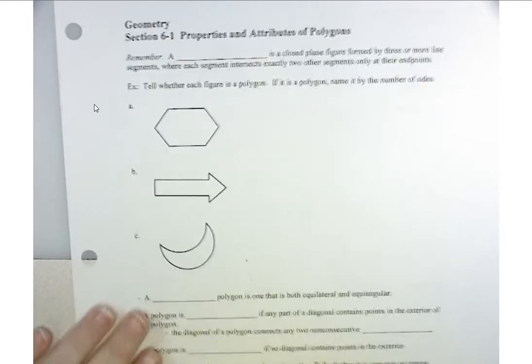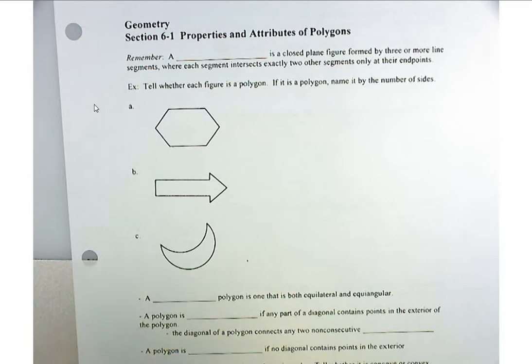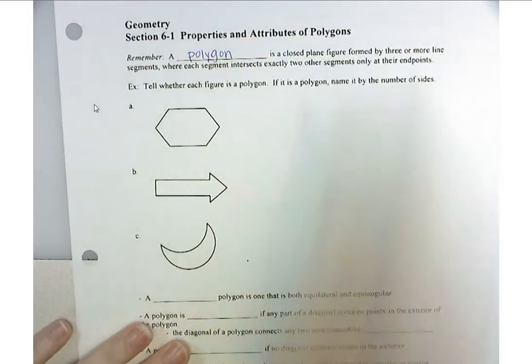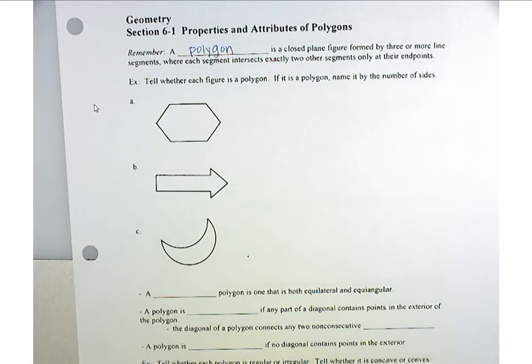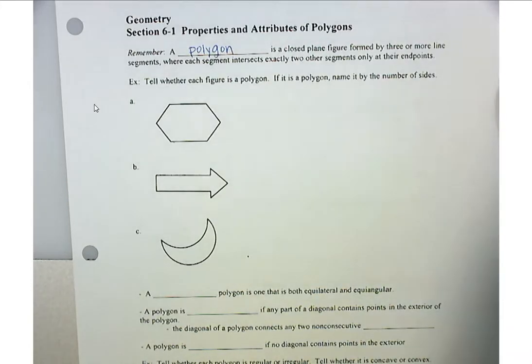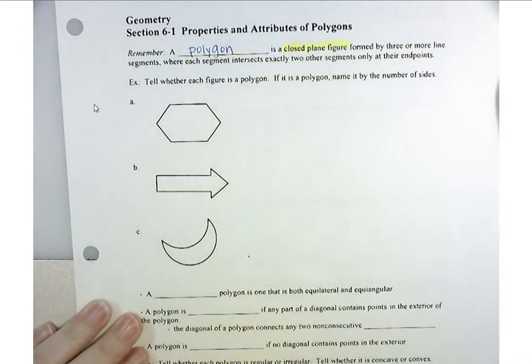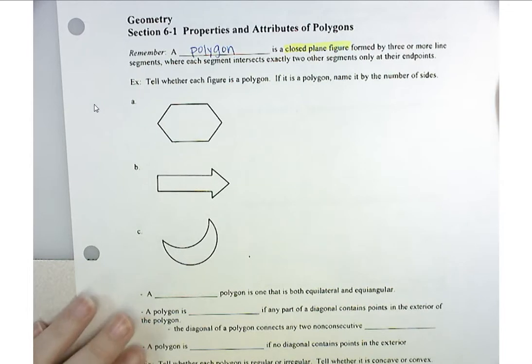So remember that a polygon is a closed plane figure. Closed just means all of the sides are connected, and you are going to have 3 or more line segments. Okay, so closed means all the sides are connected.